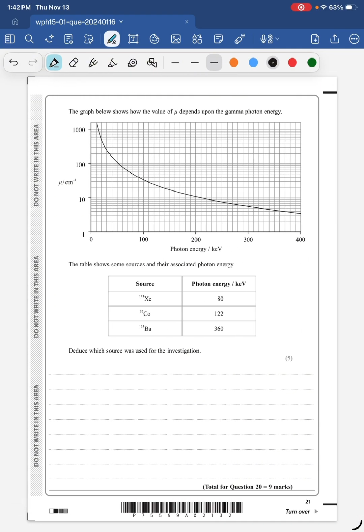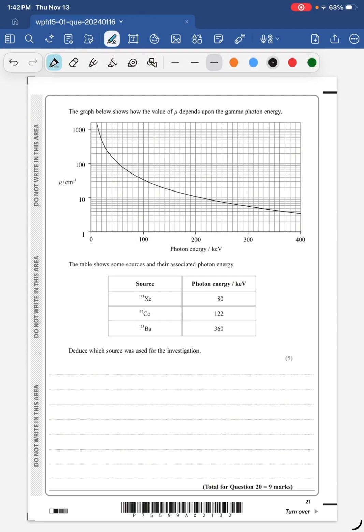And then the graph below shows how the value of mu depends upon the gamma photon energy. Okay, this is a little bit involved. The table shows some sources and their associated photon energy. Deduce which source was used for the investigation.